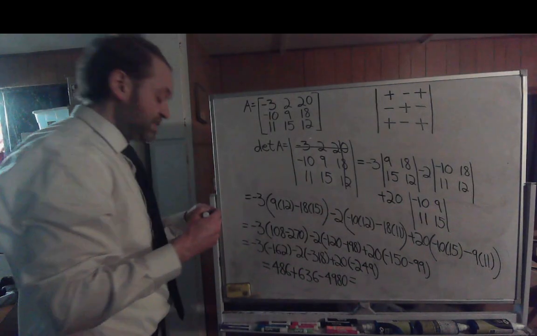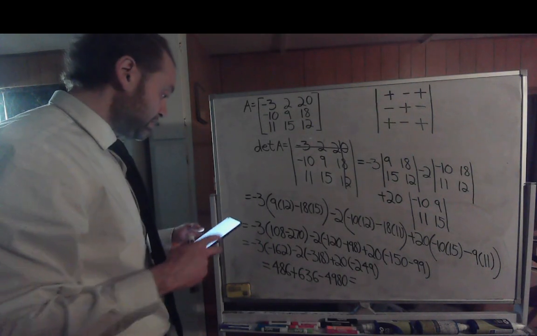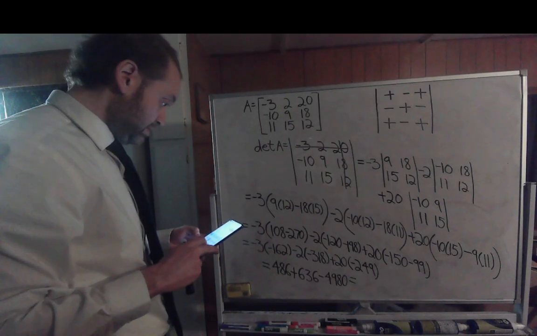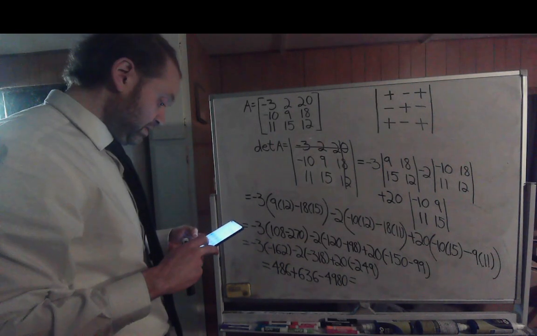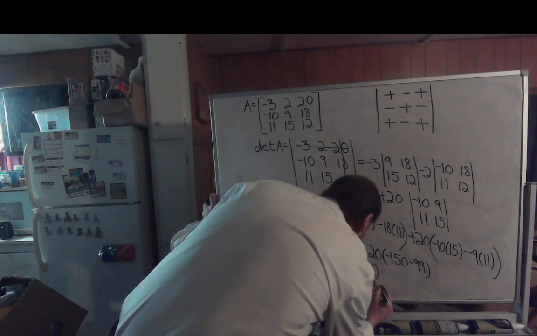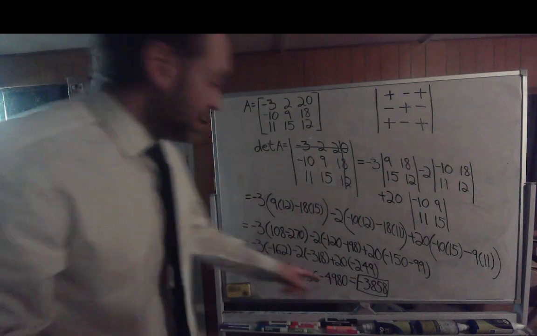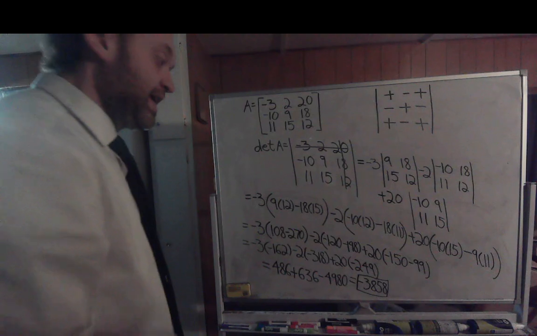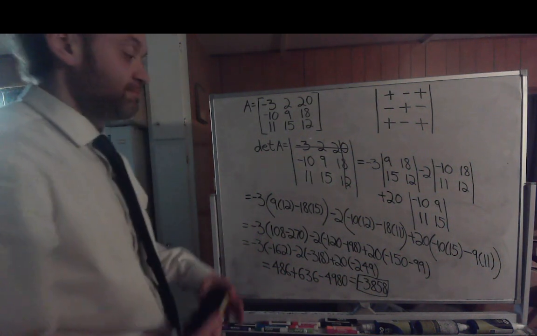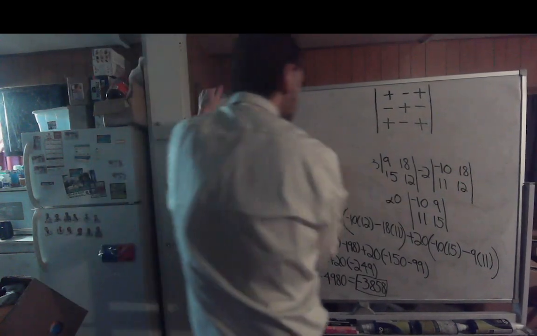So let's just add and subtract all this. We'll get a final answer. Negative 3,858. So the value of this determinant is negative 3,858. Yeah, that was awful, wasn't it? And I got one more problem, then we're done for this lesson.